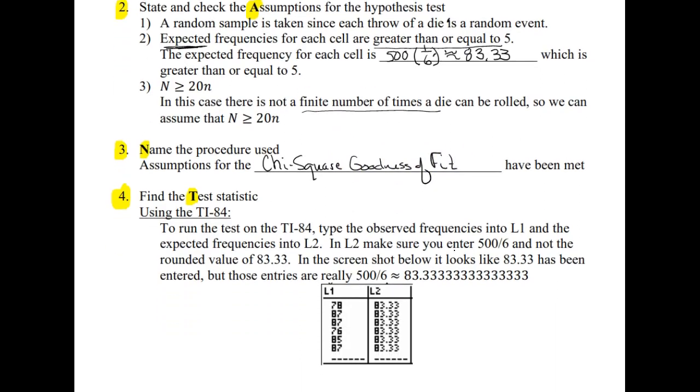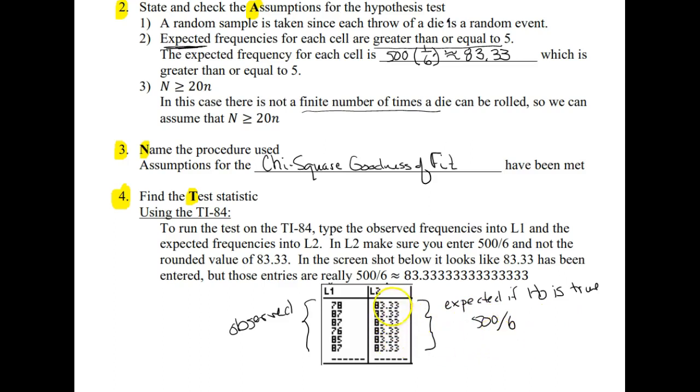Now finding the test statistic. Using the calculator, we would go into L1, and in L1 we put all of our observed frequencies. In L2 we put what we expected if H0 is true. H0 says we have a fair die, and if it's fair, we would expect each one of these to be 500/6.